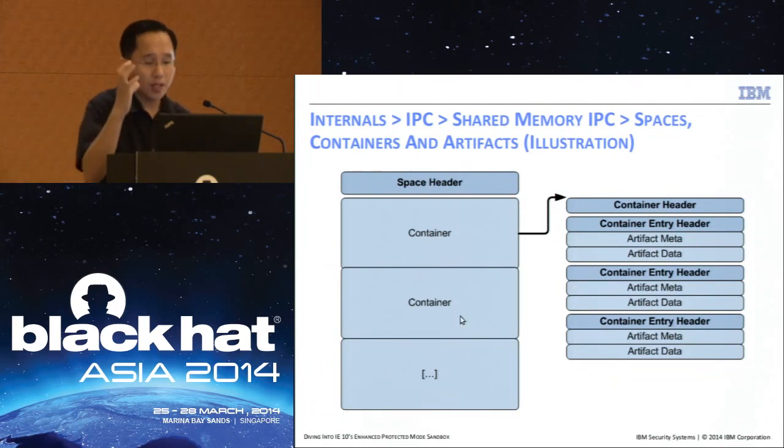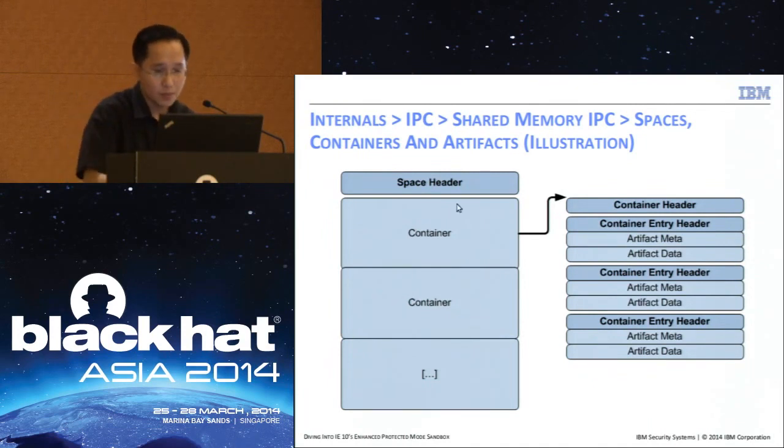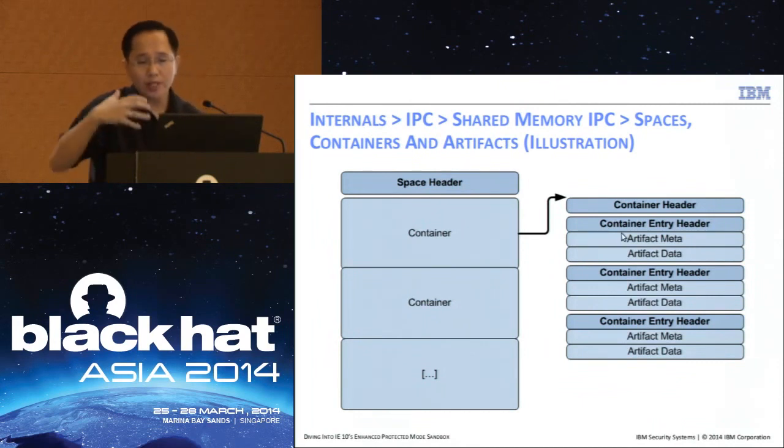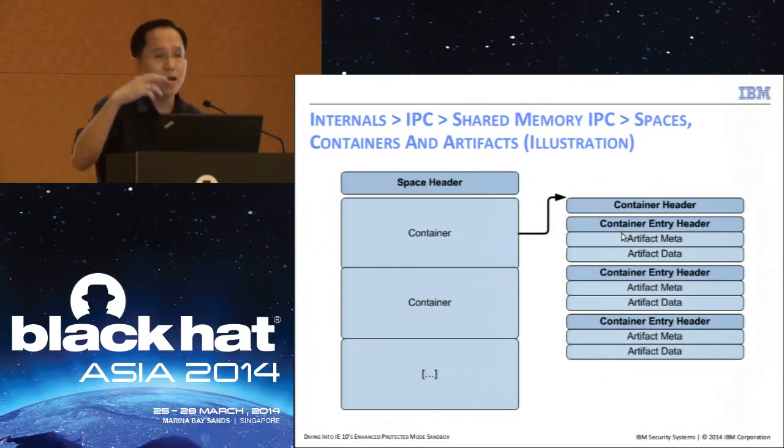Each container holds specific types of data. For example, this container will contain shared data, and this container contains IPC messages. Each container is then subdivided into container entries, and each container entry contains the actual artifact, which contains the actual data being shared or communicated.